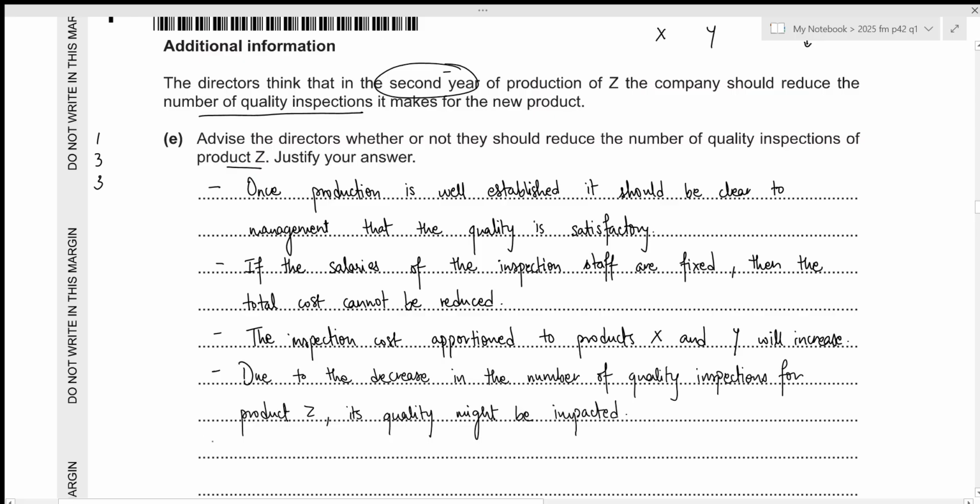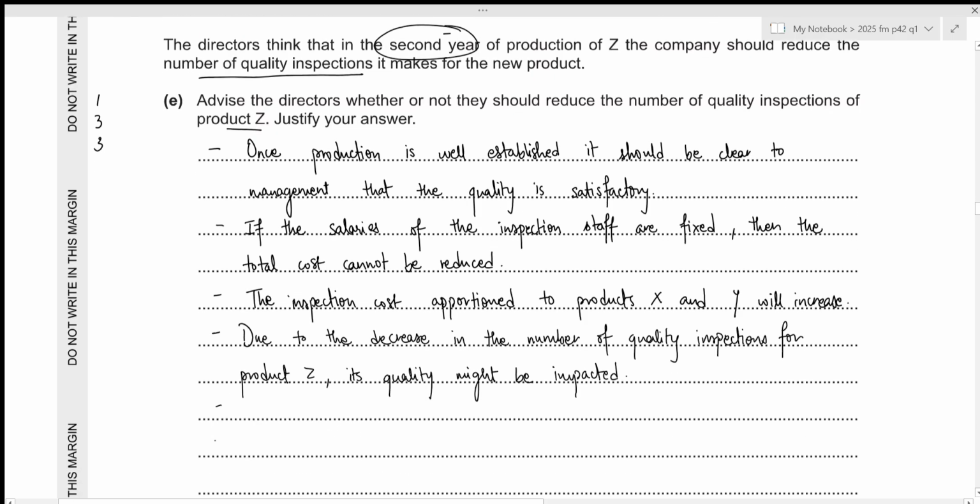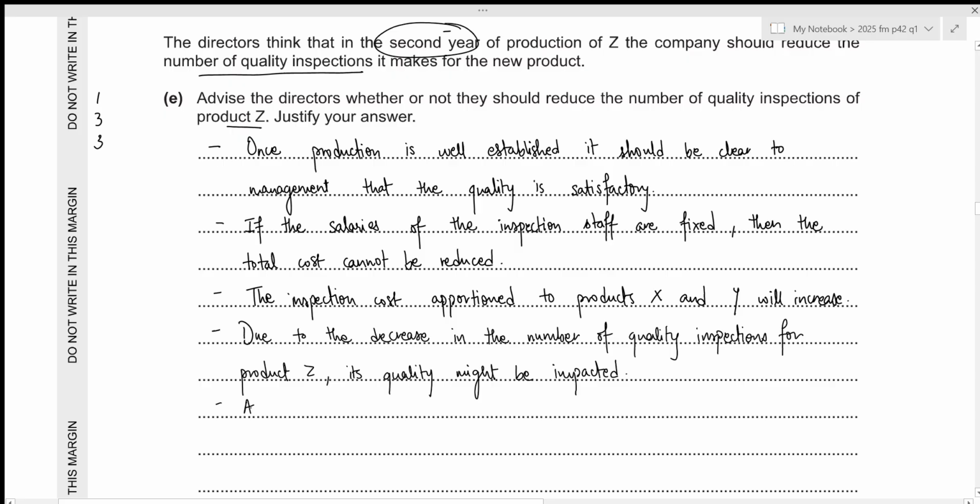And if the quality for product Z is lower, then it will obviously affect customer satisfaction as well. Let's write that down. As a result, it may affect customer satisfaction.